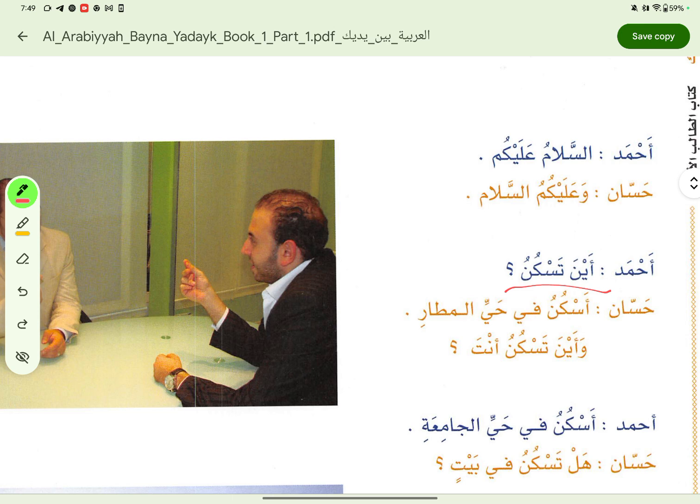So this is the new verb that we have here, teskunu. The only thing I told you about verbs so far is to pay attention to the beginning of the verb. The beginning of the verb tells you if we are speaking to a male or a female, or speaking about myself, or we saying we, or they.